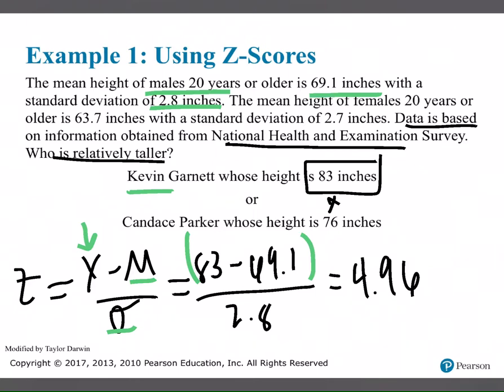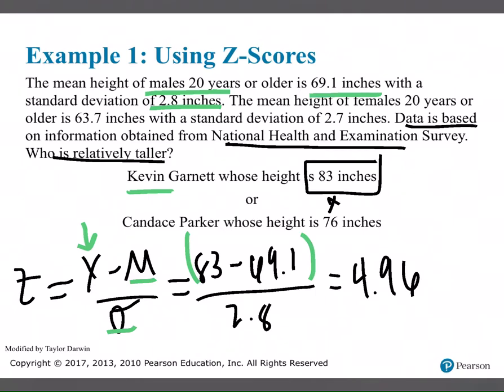If you're a male and you want to see where you stand, put your information in and see if you've got a small z-score or big z-score, based on average. If you're 69 inches tall, your z-score is going to be really small because it's really close to the mean.